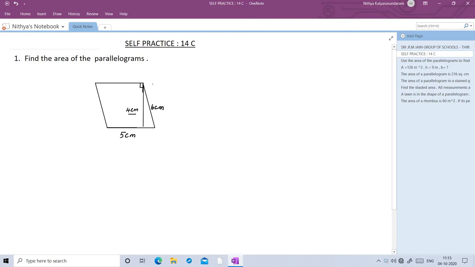If you want to find the area of the parallelogram, we need to know the formula. The area of the parallelogram formula is base into altitude. Altitude means the height of the parallelogram.